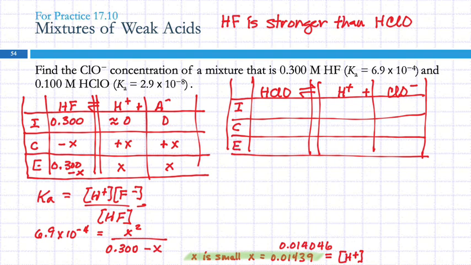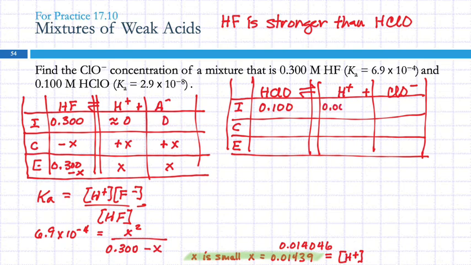Okay, so initial concentrations for the HClO, that's its initial concentration right here, 0.100. What's the initial concentration of hydrogen ion? Yeah, it's this number. It's not 0 anymore because there's another acid present that's putting a whole bunch of hydrogen ions in there.